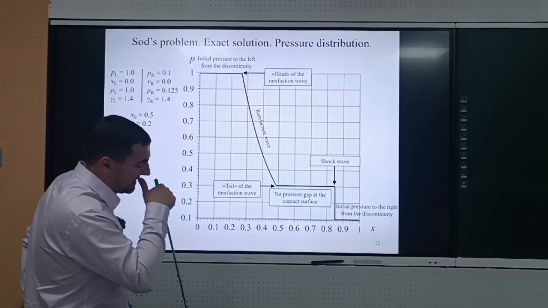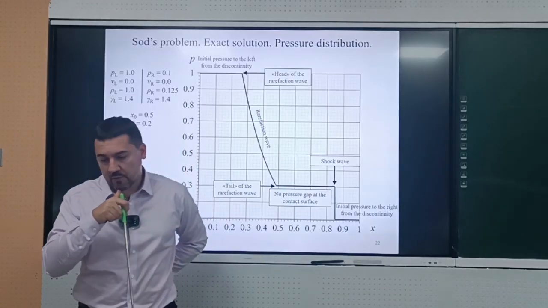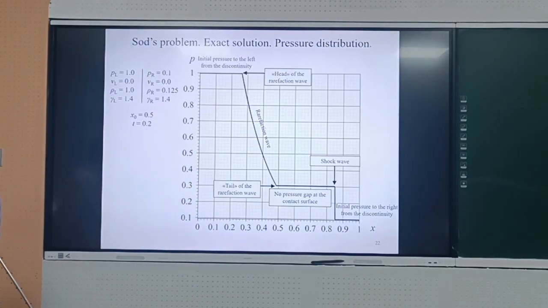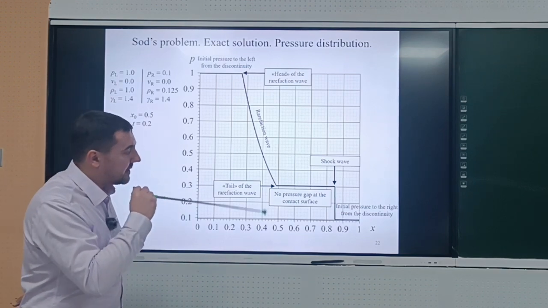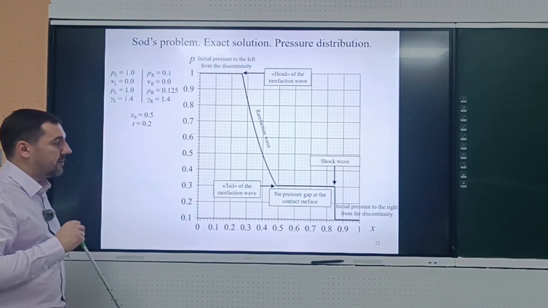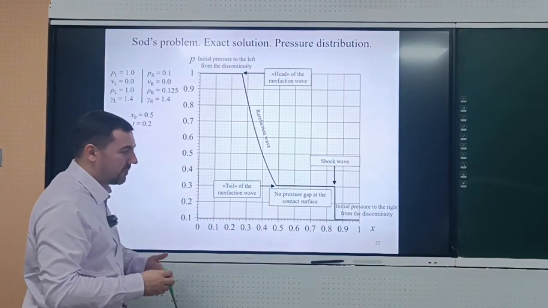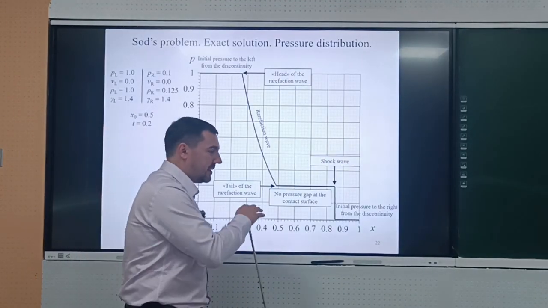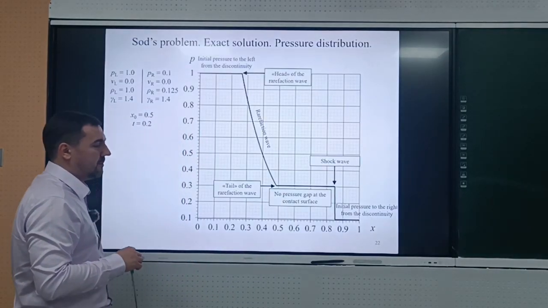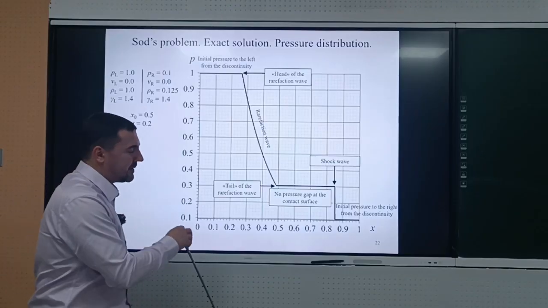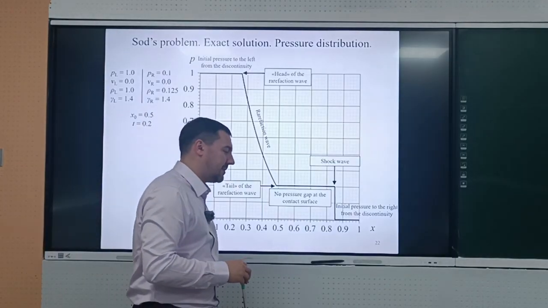So we constructed the exact solution of the Riemann problem on the example of the third shock tube problem. I constructed these profiles using the program for the construction of the exact solution of the Riemann problem. And additional details will be clear to you after the explanation of how this program works.